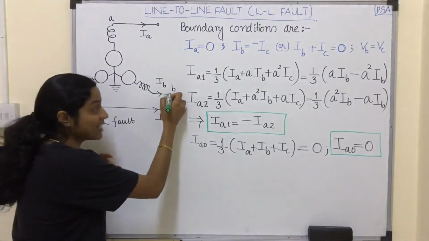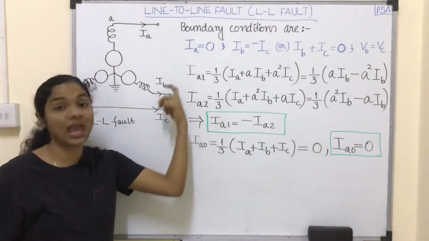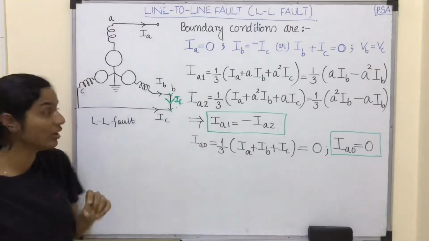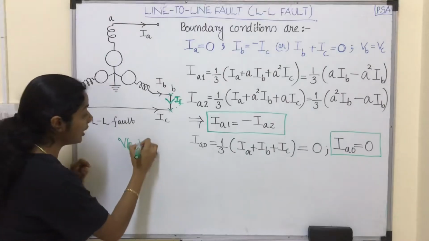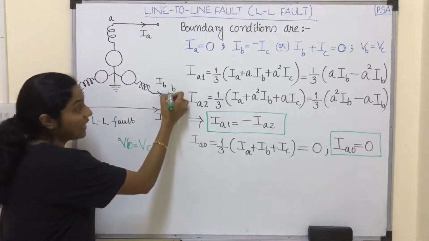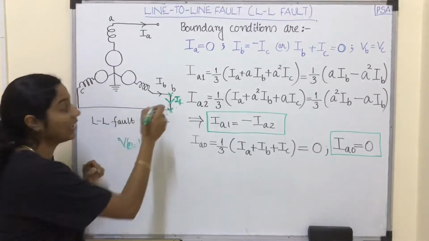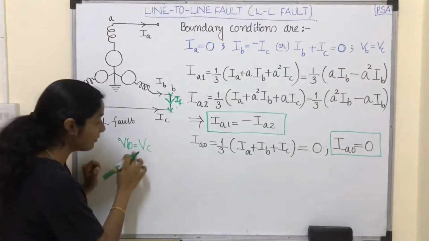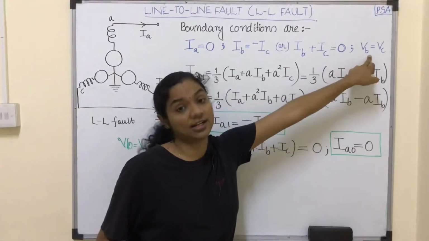Here we can consider this as a short circuit across phase B and phase C, and we know for a short circuit VB will be equal to VC. If these two voltages are equal, then only we can consider this as a short circuit, right? So VB will be equal to VC.